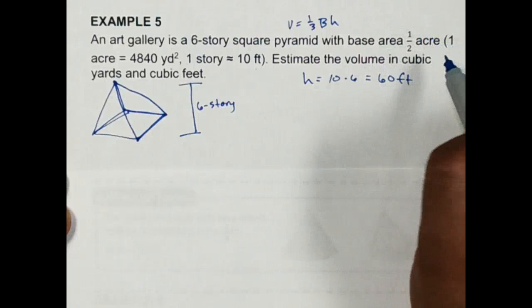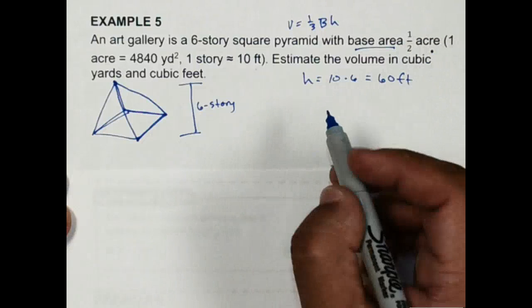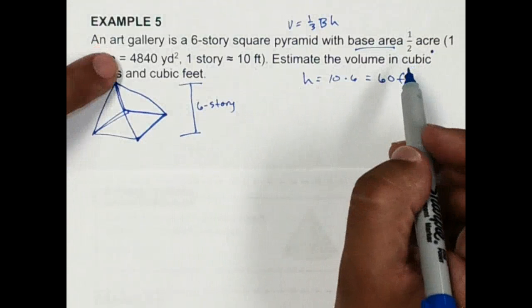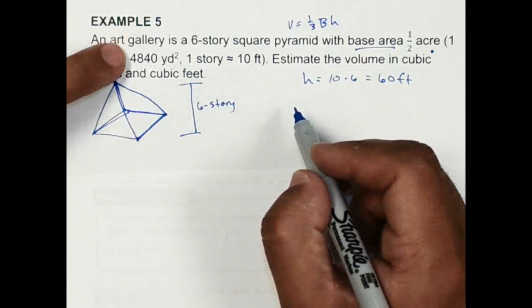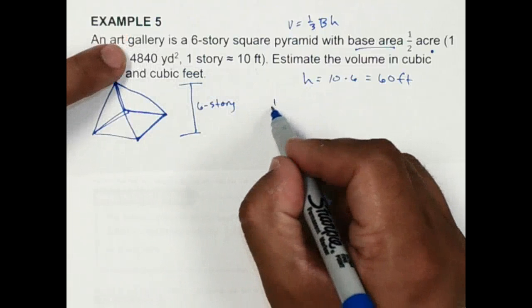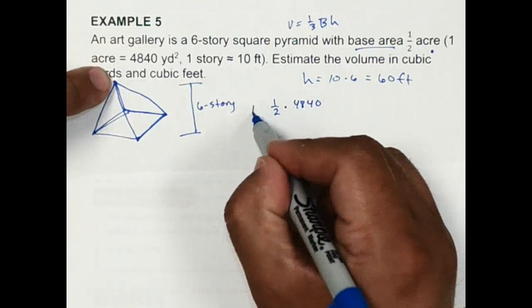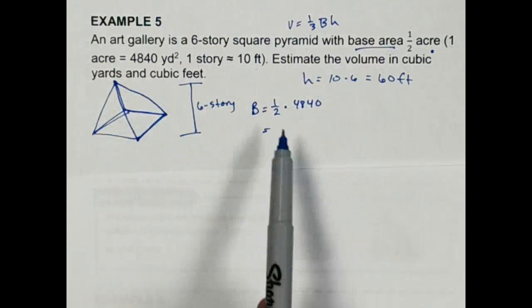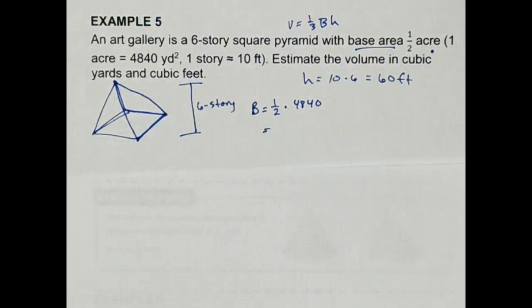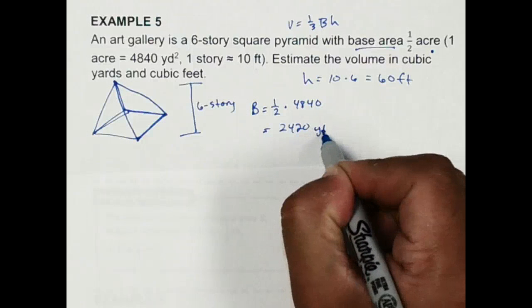I know that the base area is 1/2 an acre, so I want half of these square yards. So 1/2 of 4840 comes out to 2,420 square yards.